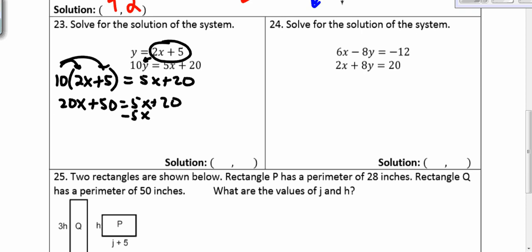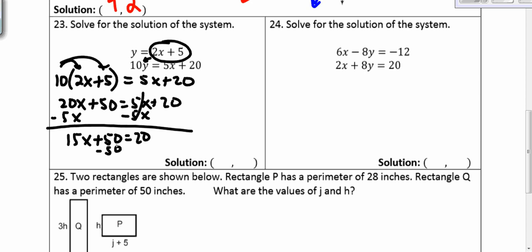You subtract the 5x from each side because you bring the smaller x over to the larger x. You have 15x plus 50 equals 20. Subtract 50 on both sides. You get 15x equals -30. Divide by 15. Sorry, I'm going over the bottom part of that, and it is -2.